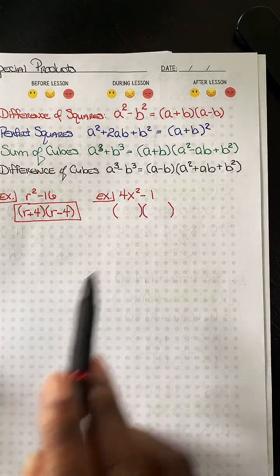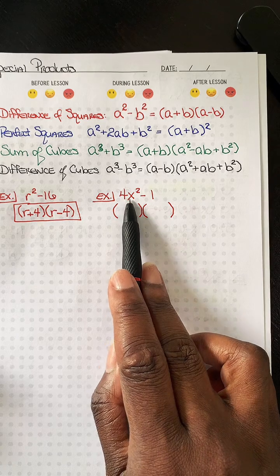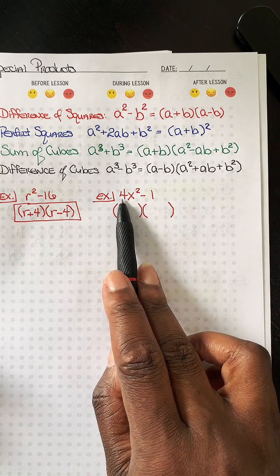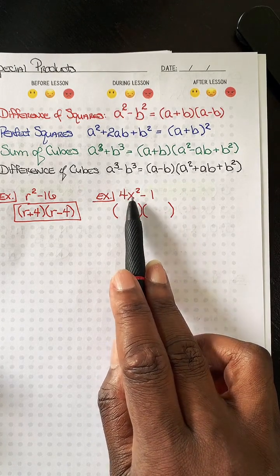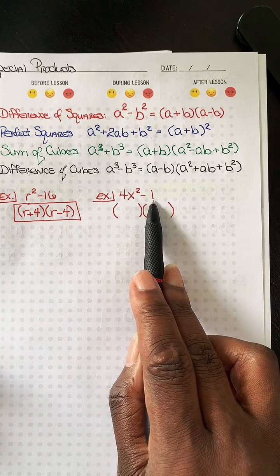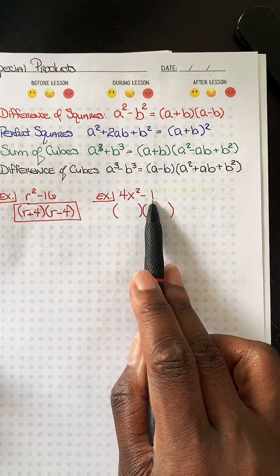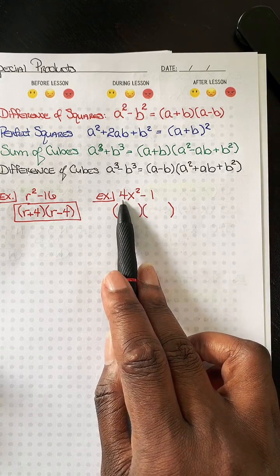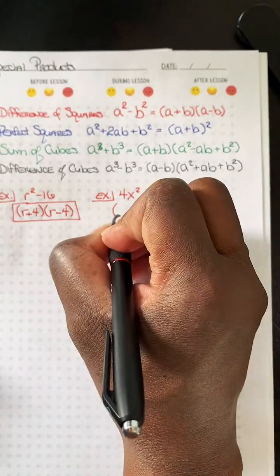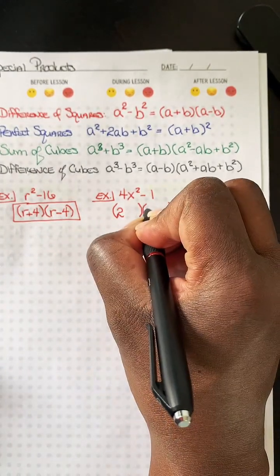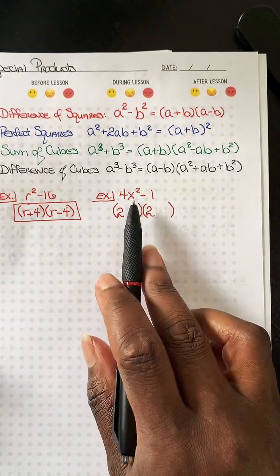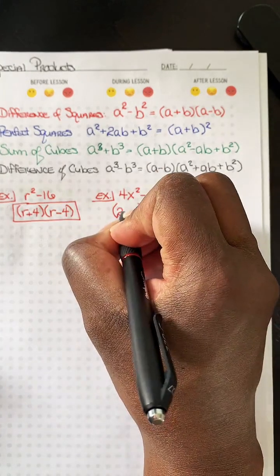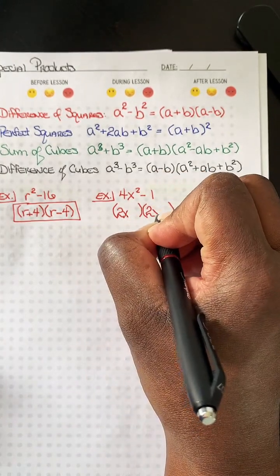So now here we go. We have 4x squared minus 1. If I did the square root of 4, and the square root of x squared, and the square root of 1, I will get a whole answer out of it. Think about it. Two numbers multiplied to give me 4. That's a perfect square, which gives me 2 and 2. Okay? Two variables that will give me x squared. Well, that's easy. It will be my x and my x.